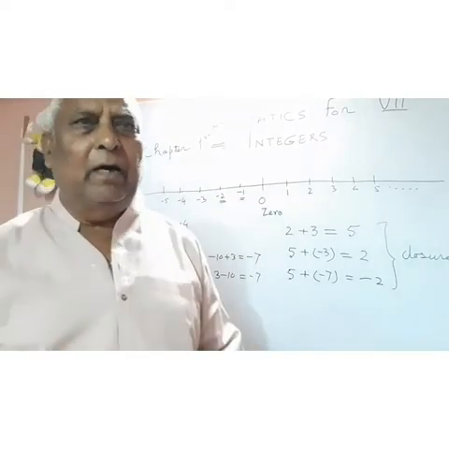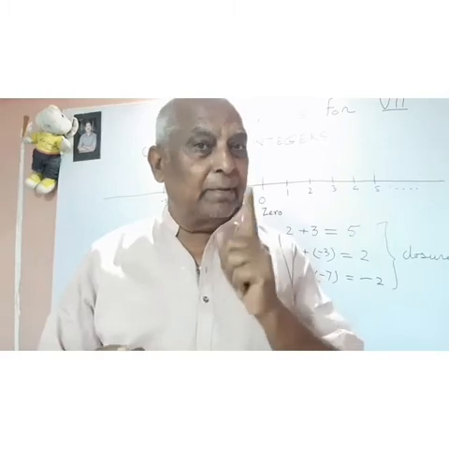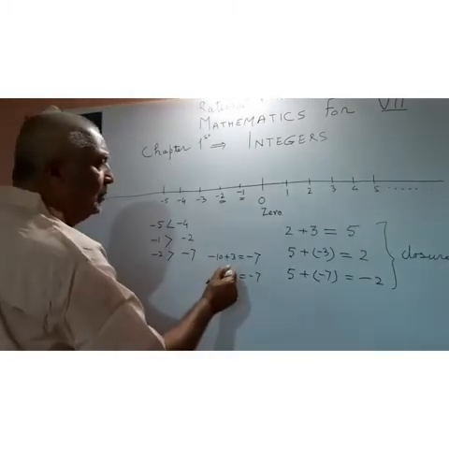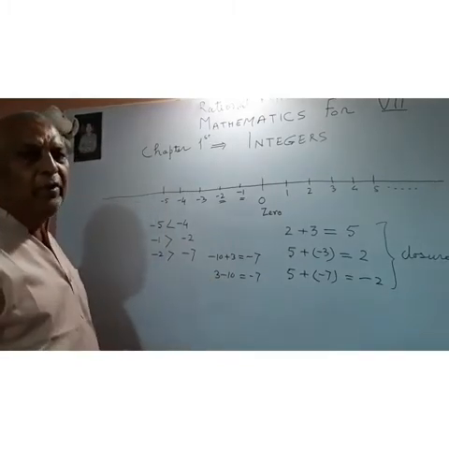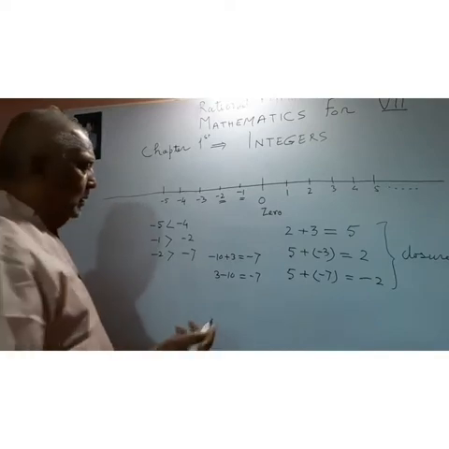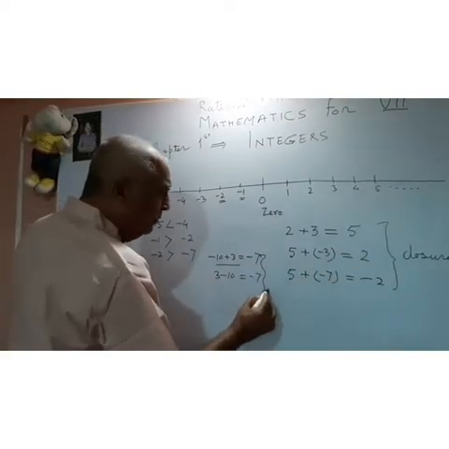Addition, I am saying, not subtraction. Addition of two integers is commutative. Whether it is positive or it is negative, no matter. Then here it is commutative. This is closure and this is what is commutative.